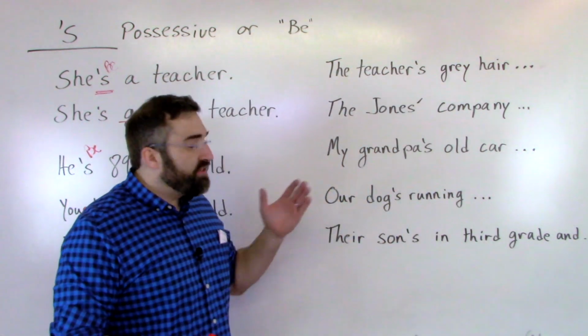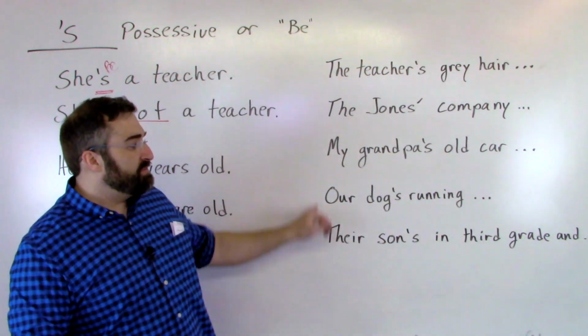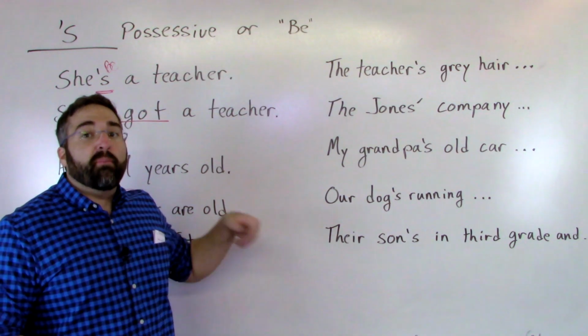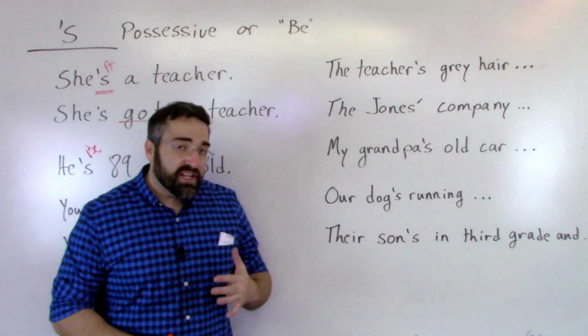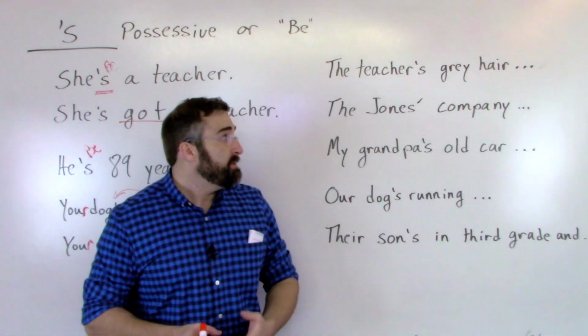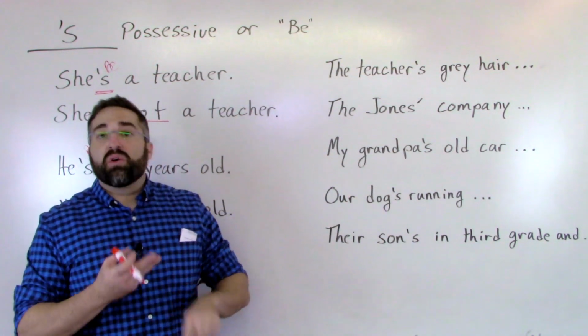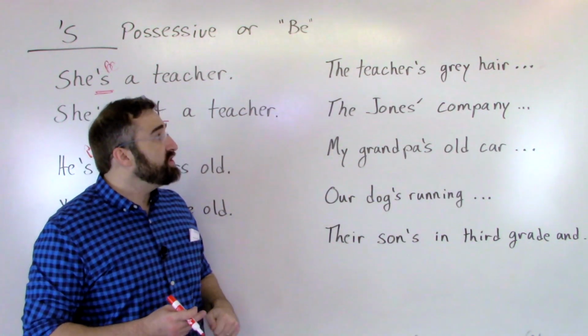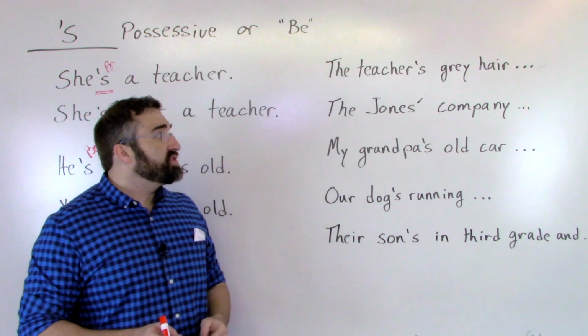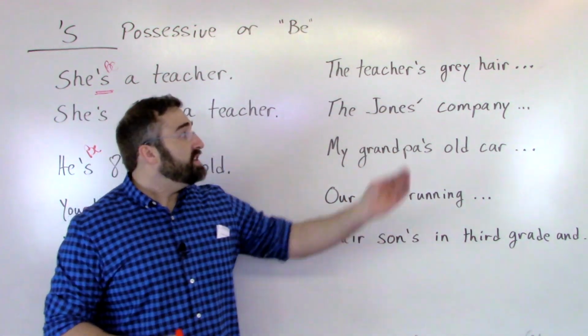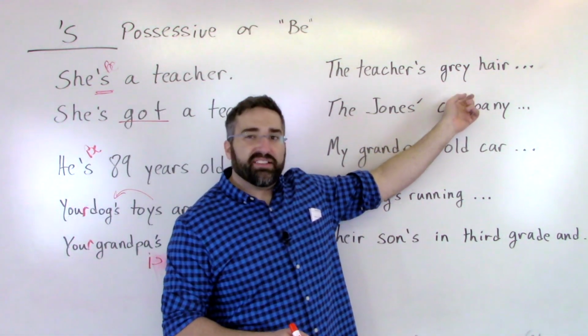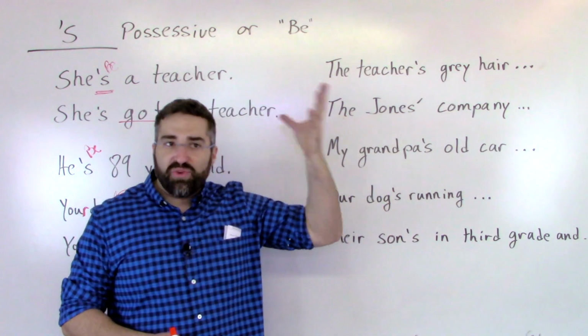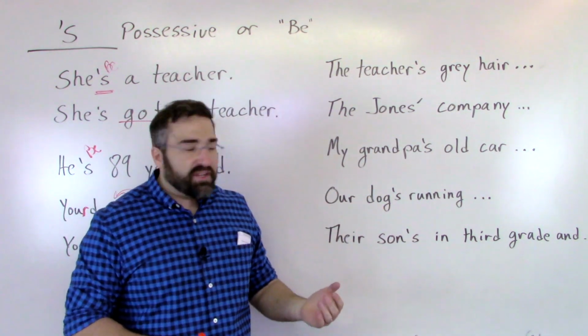Let's look at our other 5 examples. And I didn't finish my sentence on most of these here, but it doesn't need to be finished for you to understand whether or not it's be or has. So, the teacher's gray hair. Well, does gray hair do anything? Does hair do anything? Not really, okay?